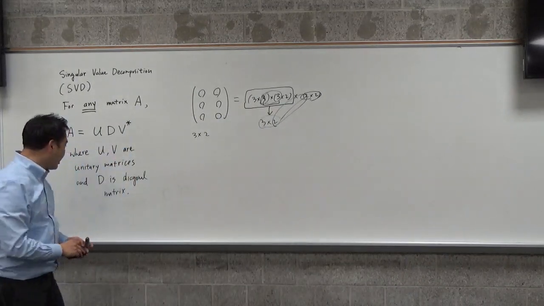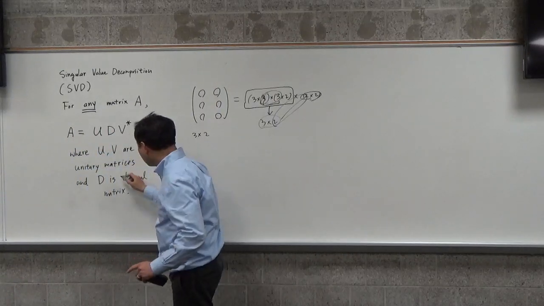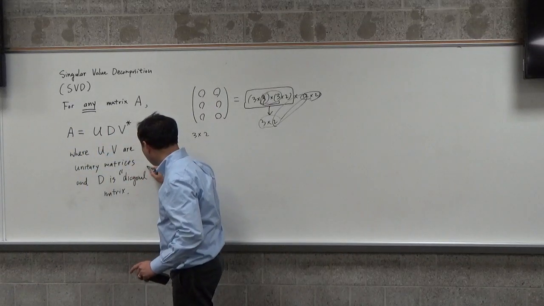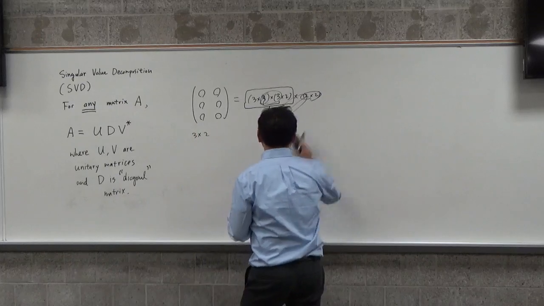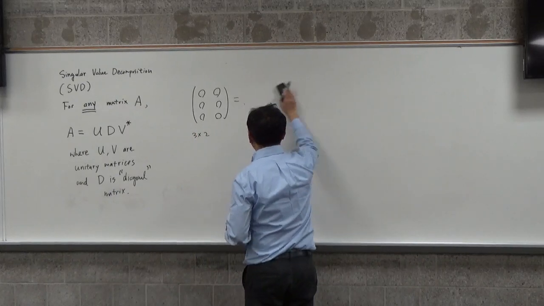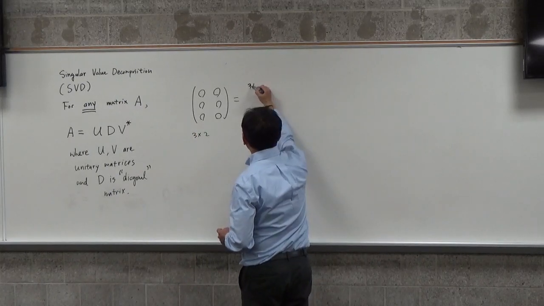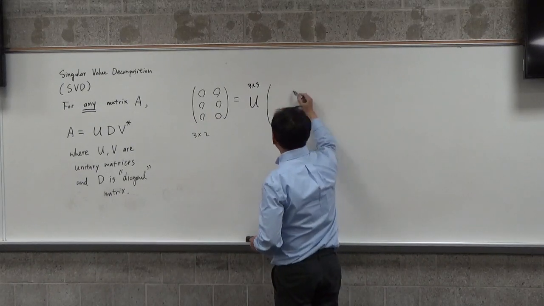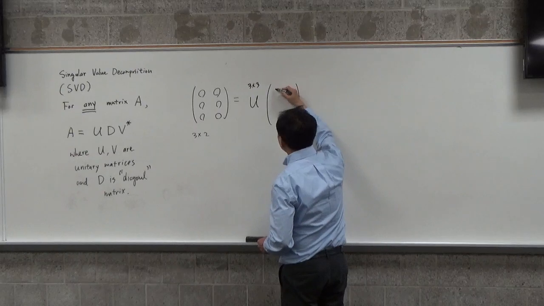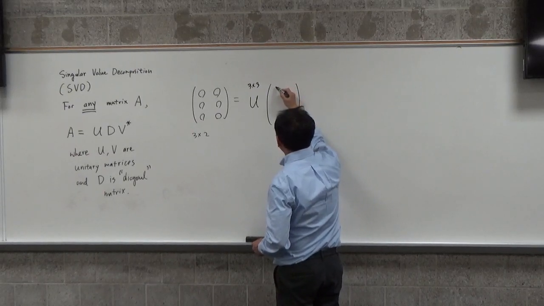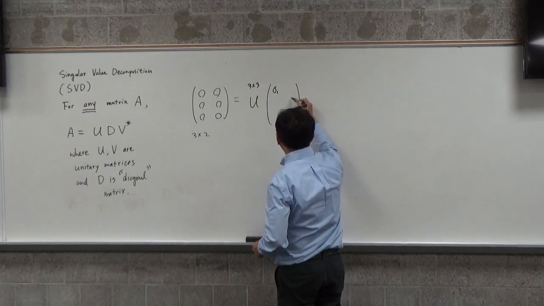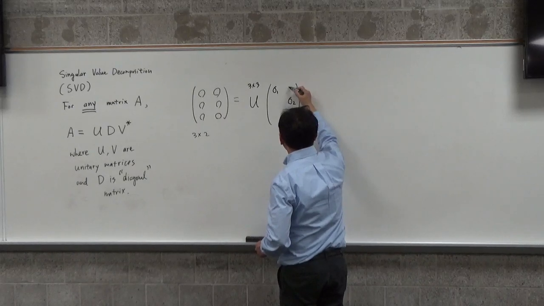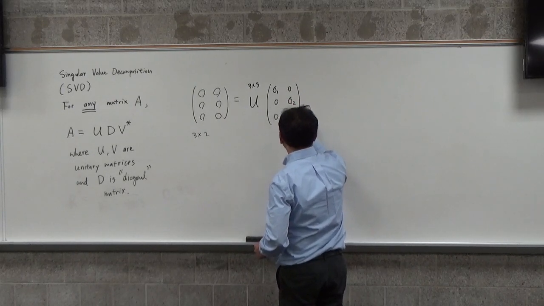So I guess this is a little misleading. When I say diagonal, this is what I really mean. I mean that there's a 3 by 3 unitary matrix U, and then there's a diagonal matrix where you have, usually people call this sigma 1 and sigma 2, and then 0, 0, 0, 0.